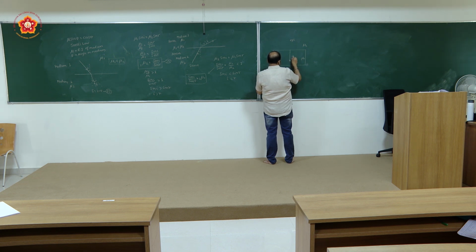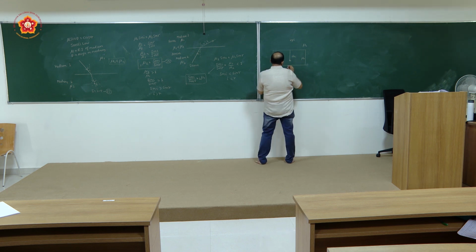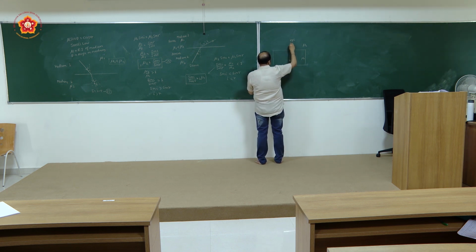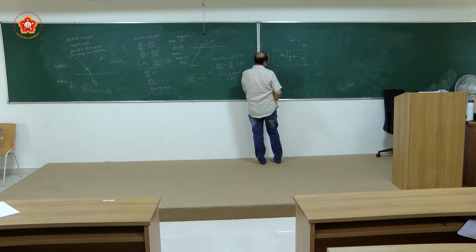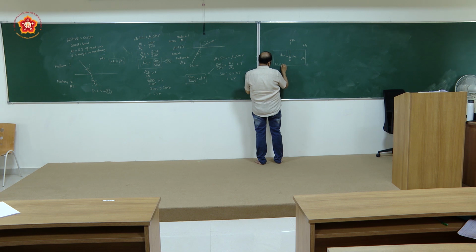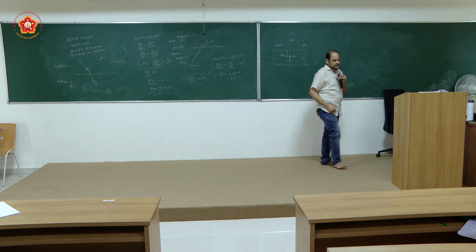This is representing D actual. But due to the vertical vision from here, the object would appear to you somewhat here. So this is called D apparent. This is representing a denser medium. This is representing the rarer medium. Are you getting the situation?